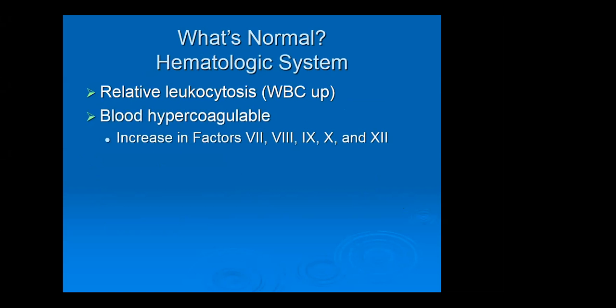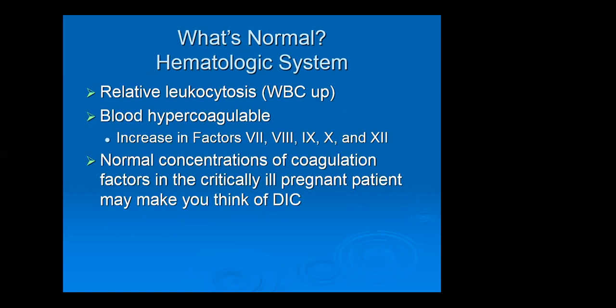Hematologically, white blood cell count is going to be up. You're going to have an increase in those clotting factors, the 7, 8, 9, 10, 12, and so that's going to make the blood more coagulable than normal.